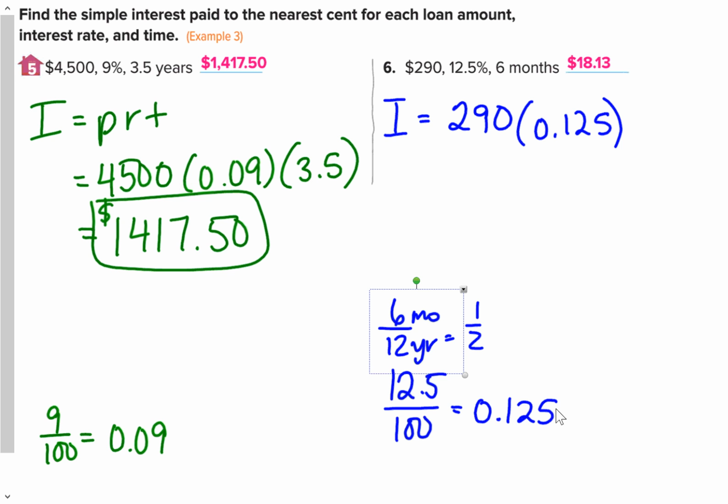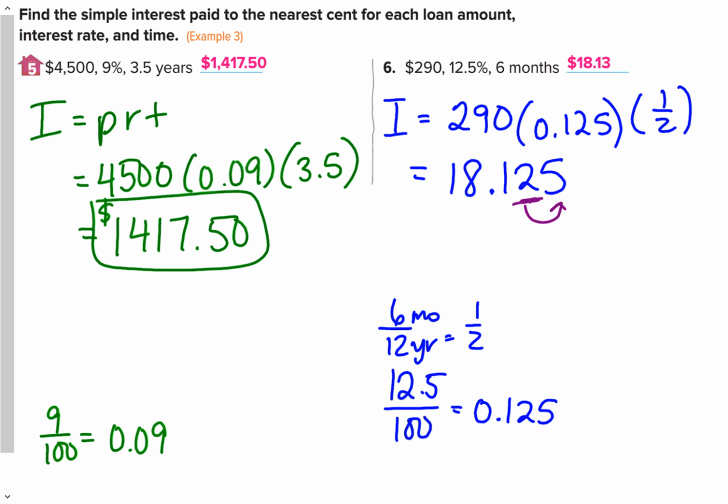So I'm going to multiply it times 1/2. All right, that's going to equal 18.125. Now again, we want to make sure that our money is in 2 decimal places, so we look to our 2, and our 5 makes our 2 go up, so it's $18.13.